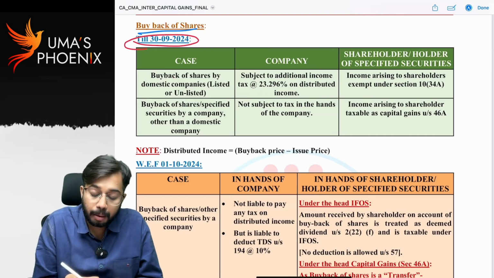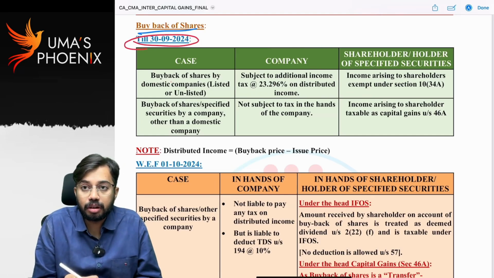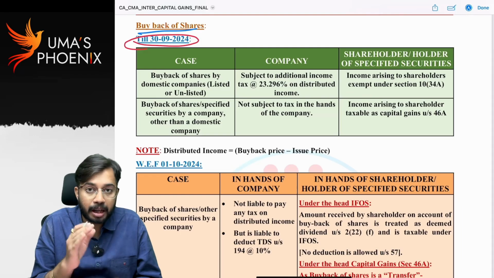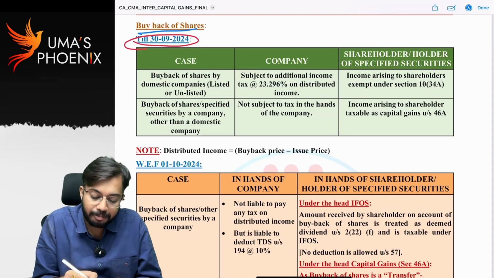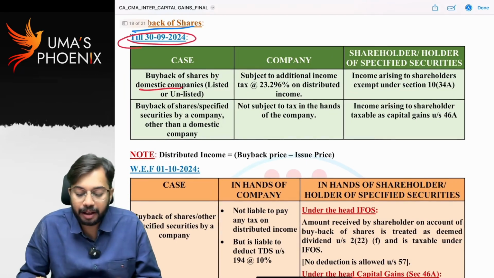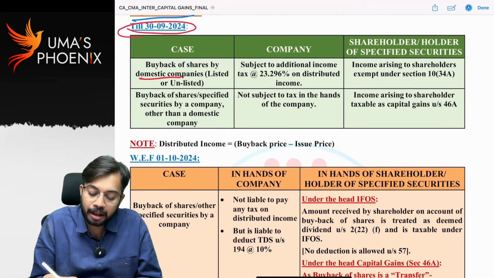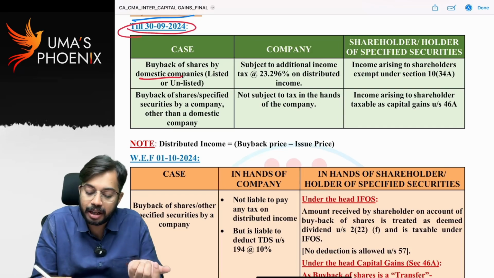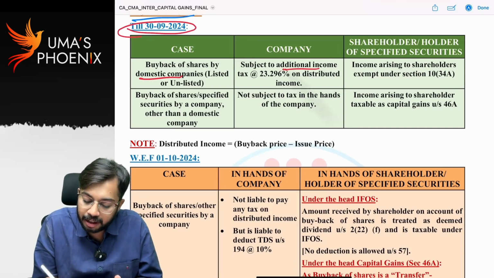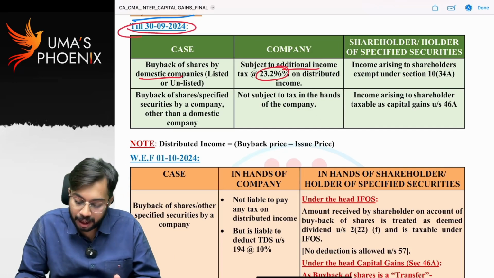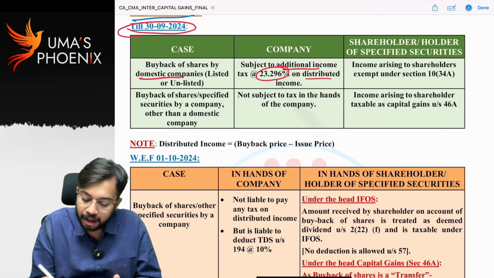See, before 1st October 24, that means up to 30th September 2024, if buyback is done by domestic company, then domestic company is required to pay tax on additional income at the rate of 23.296% on distributed income.